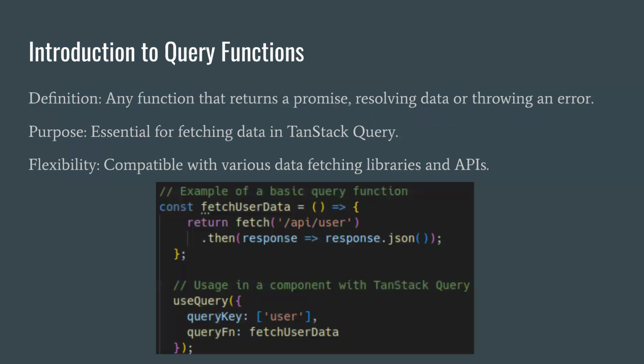Query functions are really important because they are the function that returns a promise, and this promise that is returned should resolve with data. And if there is an issue, it should throw an error.